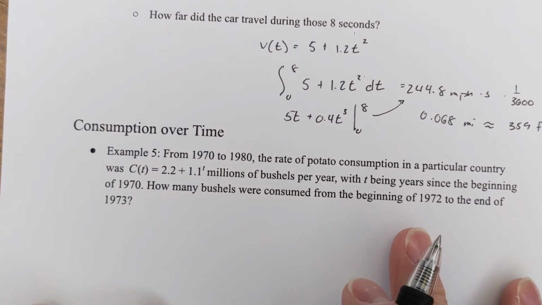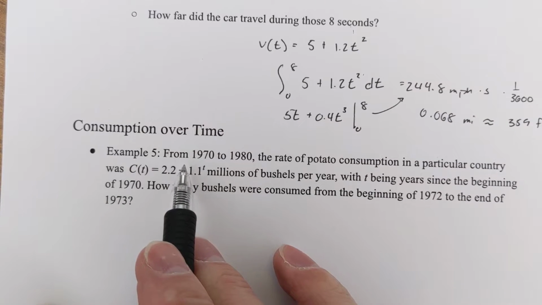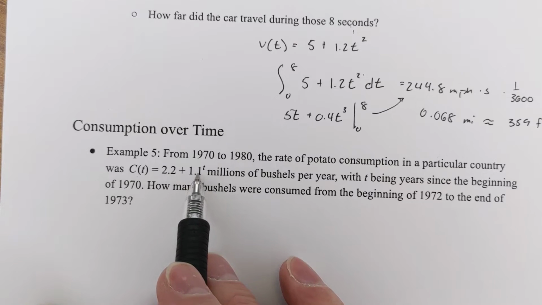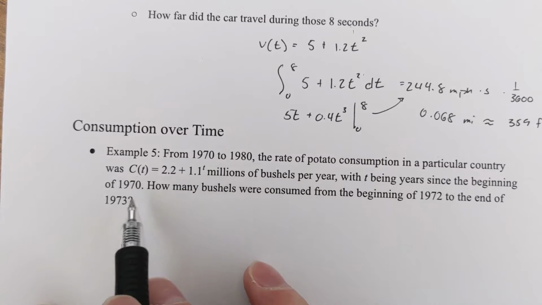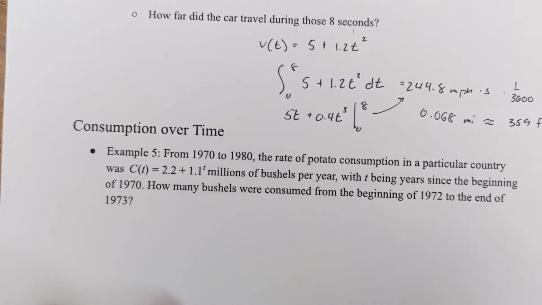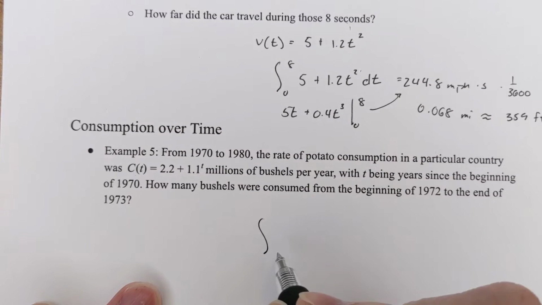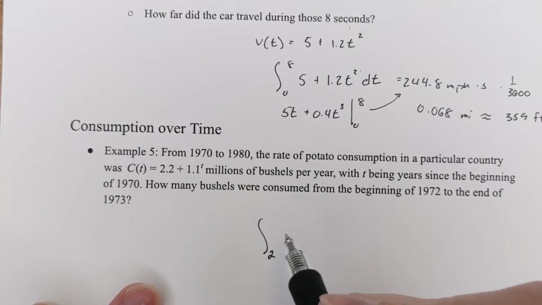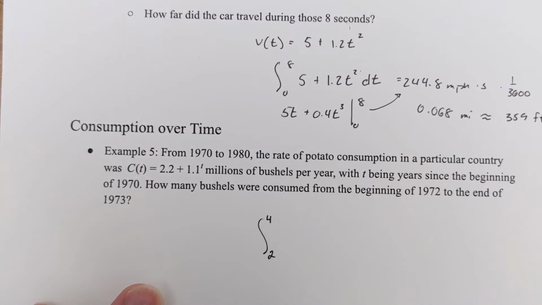Okay, consumption over time. Example 5: from 1970 to 1980, the rate of potato consumption in a particular country is modeled by this equation, with t being years since the beginning of 1970. How many bushels were consumed from the beginning of 72 to the end of 73? So the beginning of 72 is 2 years after the beginning of 1970. The end of 1973 is 4 years, all of 72 and all of 73.